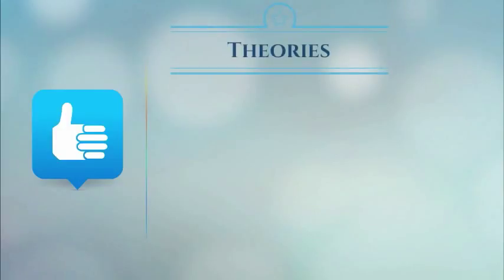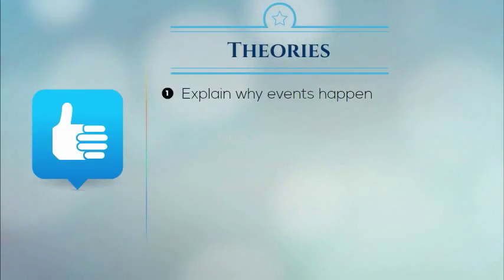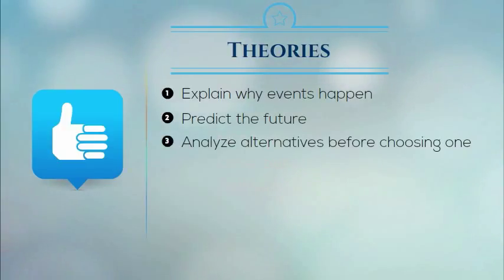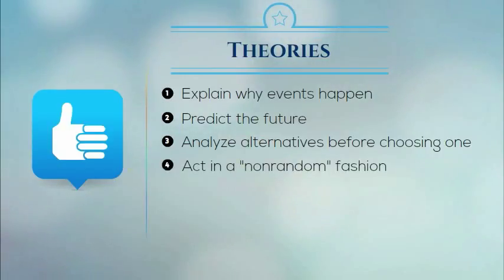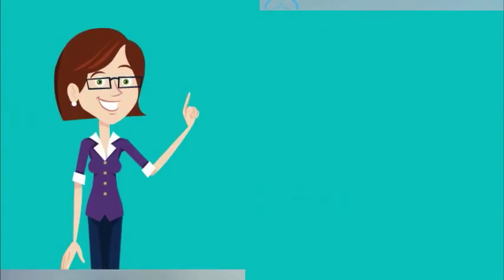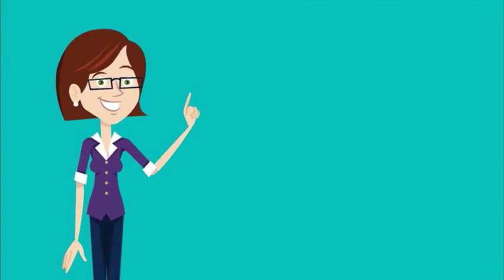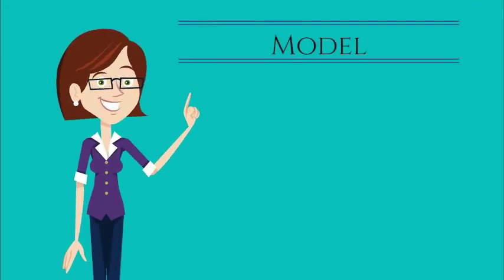So, let's recap. Theories help us to explain why events happen, predict the future, analyze alternatives before choosing one, and lastly, act in a non-random fashion.